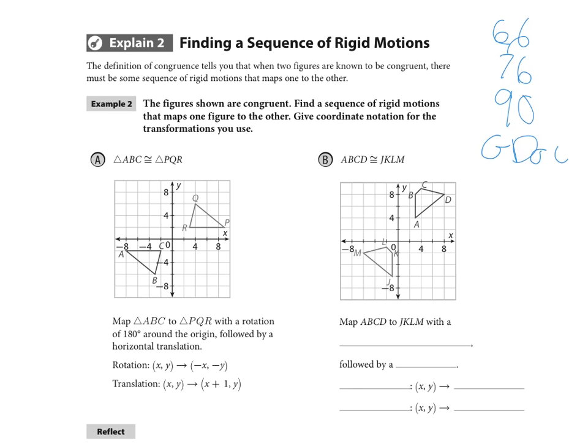All right, so for part A, we want to map triangle ABC onto PQR, and we can do that by rotating 180 degrees around the origin. So let's just follow one point through that process.